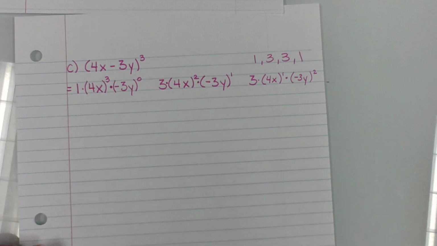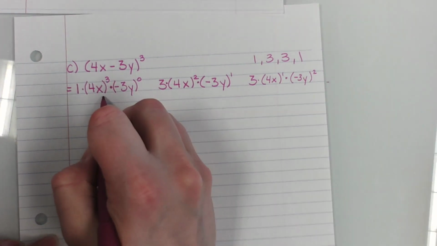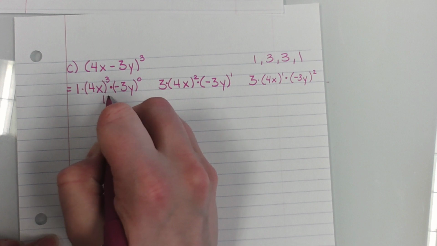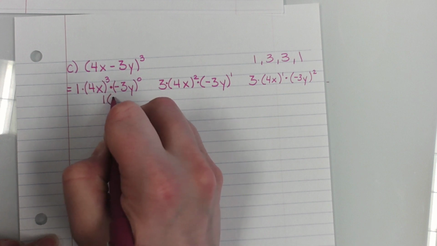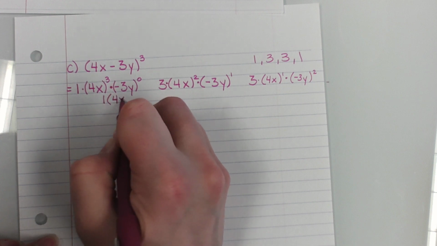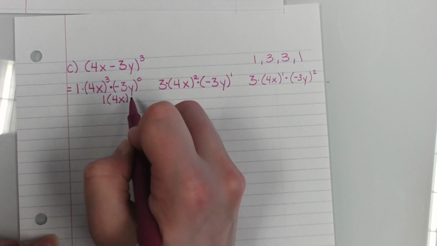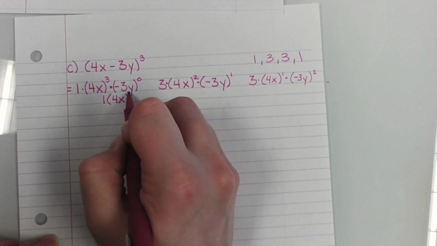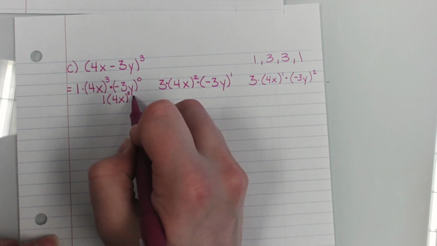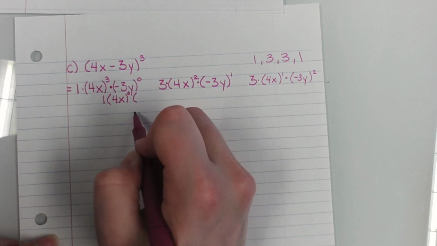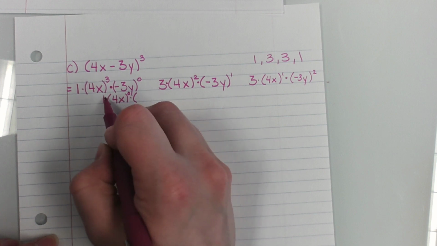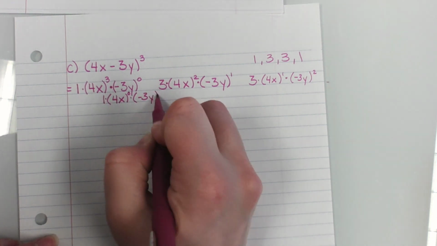Shelby, what about the last term? 1 parentheses 4x to the 0 times parentheses negative 3y to the third.